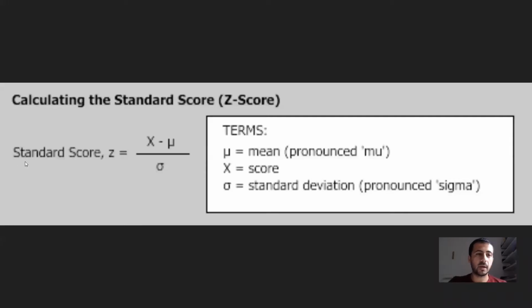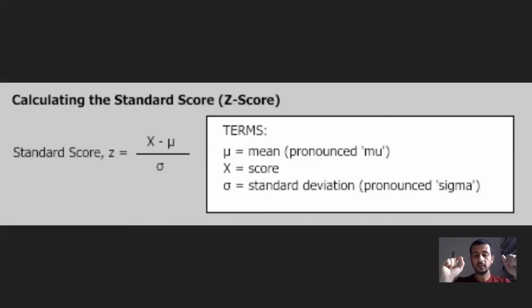I need to explain about the standard score, which is the Z score. If you remember, I mentioned it orally last session, actually the Z score can be calculated for any value. I have a distribution and I pick any value and I ask what is the Z value for this value.